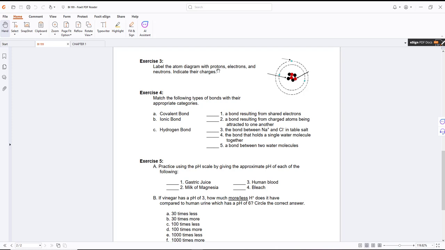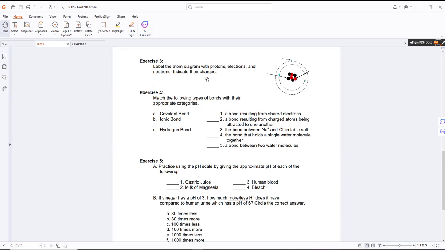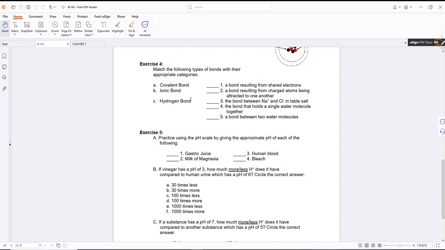Okay, so which one's the proton, which one's the electron, which one's the neutron. That's the first part. Then you need to indicate their charges. Okay, so there are 2 parts to this question to get full credit. You need to identify which is which, as well as what are their charges. A lot of times students only indicate what they are, but then they forget their charges. Even though one's kind of given to you, you still have to indicate their charge for full credit.